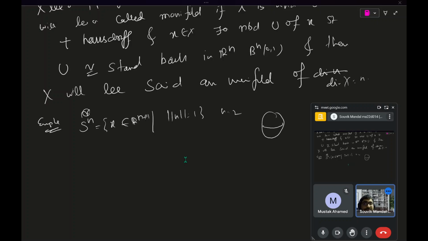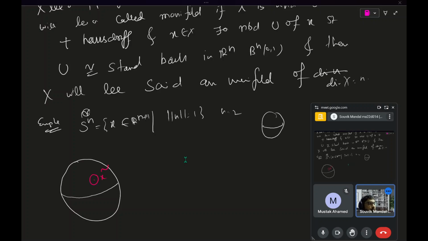Of course, the usual standard sphere is a compact Hausdorff space, and of course it is also second countable, and there is no confusion on that. Now we need to show that our usual condition will work, that is, if we take a point, a neighborhood around it will be homeomorphic to an open ball.